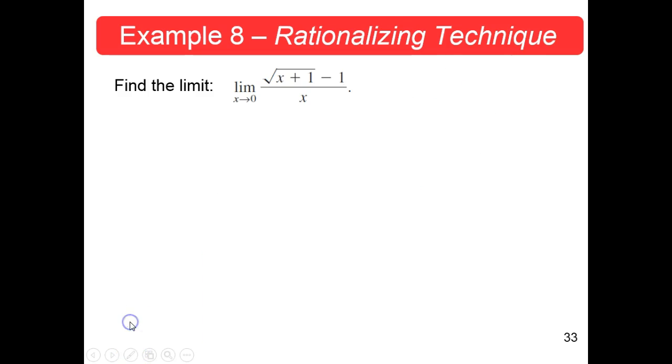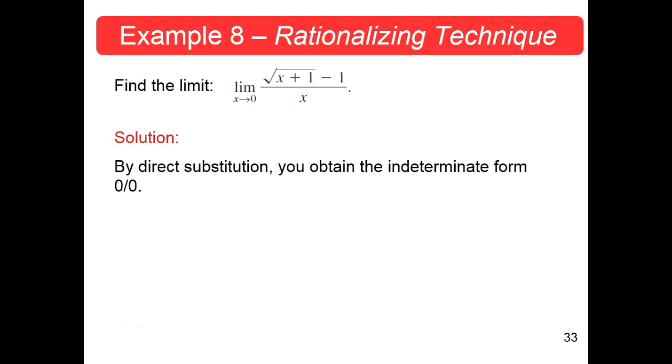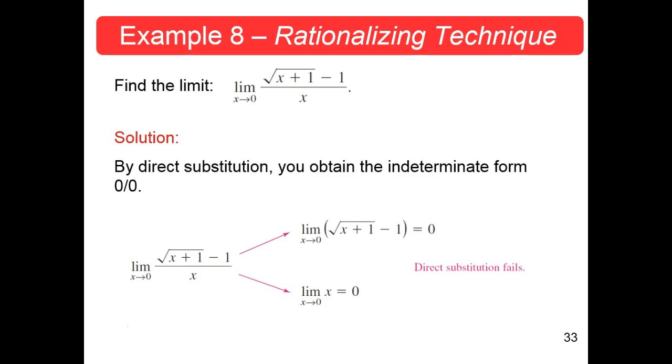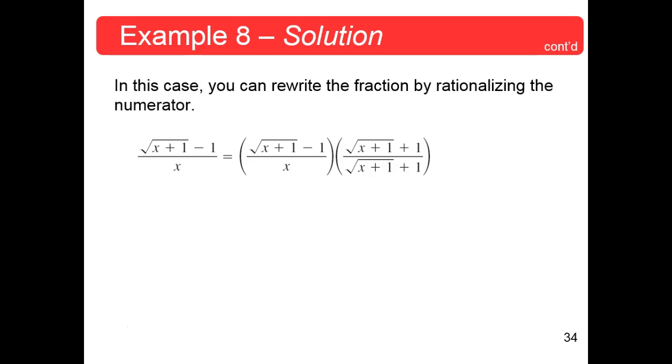Everybody got it? Okay. By direct substitution, you obtain the indeterminate form. So go on and do your direct substitution. You get that form, then decide what to do next. And here they should show how you get 0 over 0. Direct substitution fails.